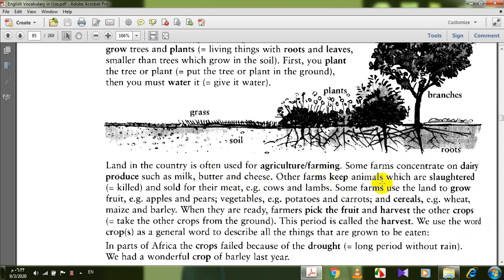Other farms keep animals which are slaughtered, killed and sold for their meat. For example, cows and lambs.